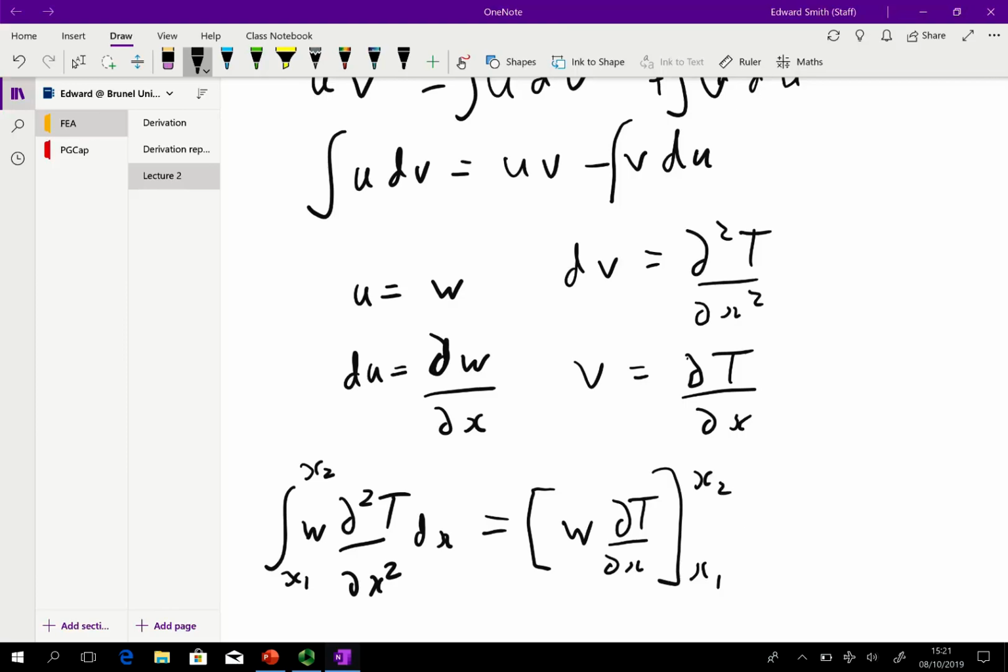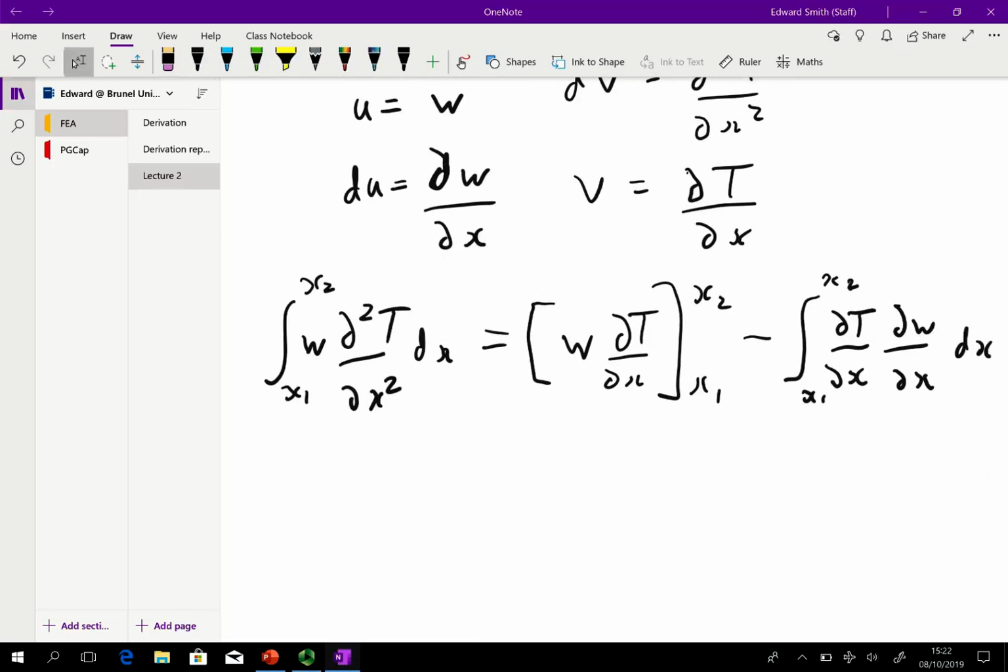And then we have our minus integral of v du term, where v is dt dx and du is dw dx. So this is purely algebraic manipulation to get it into a slightly easier form.